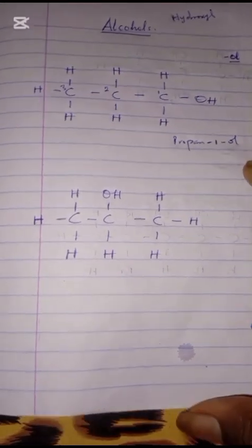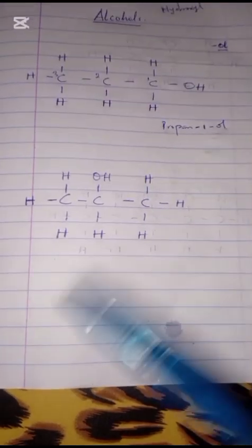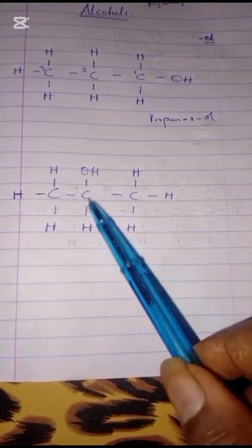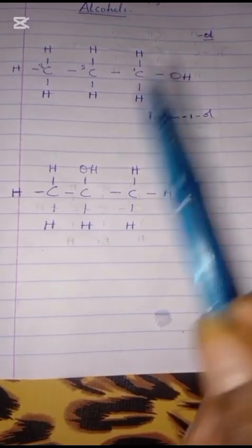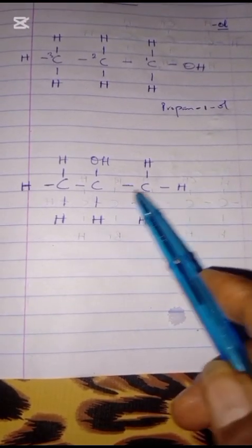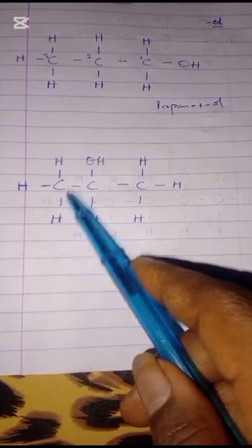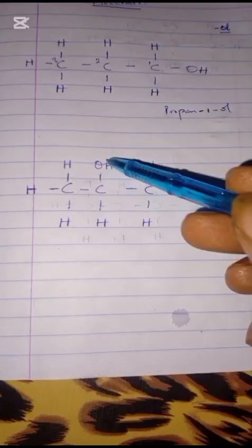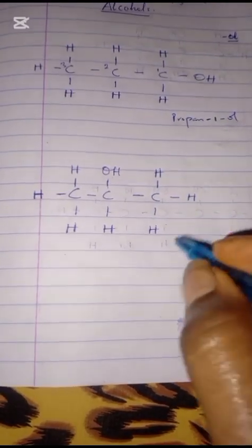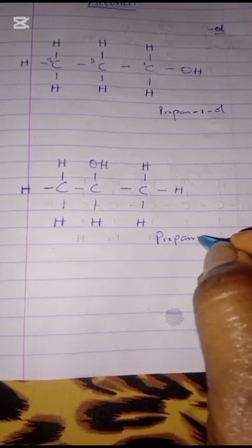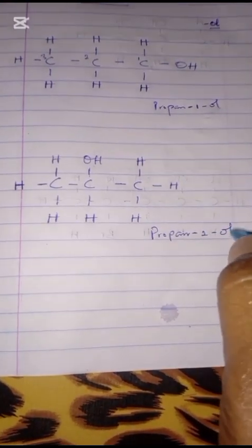Now, let's consider the next one. Looking at the next one, we have the hydroxyl group on carbon 2. Now, let's name this. The longest carbon chain is still 1, 2, 3. That means it is still prop. But since the hydroxyl group is attached to carbon 2, the name will be propan-2-ol.